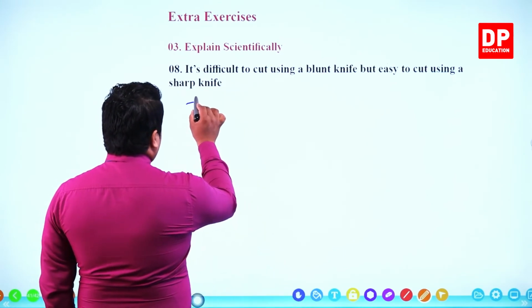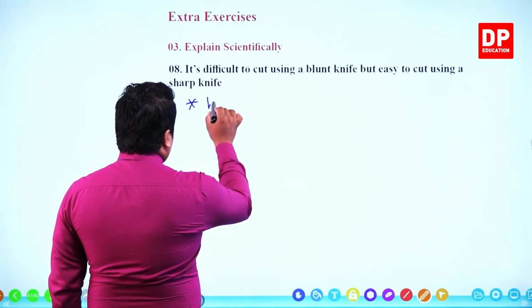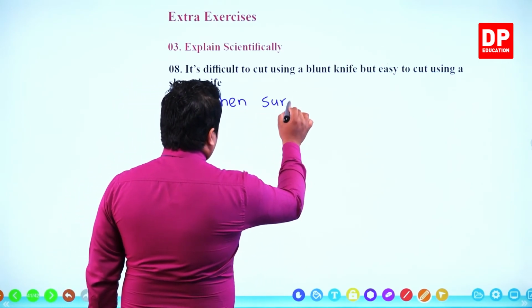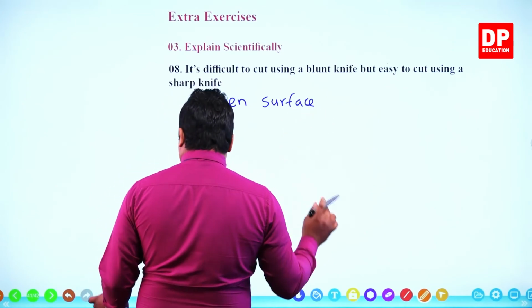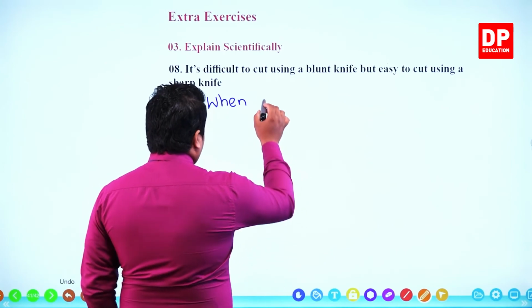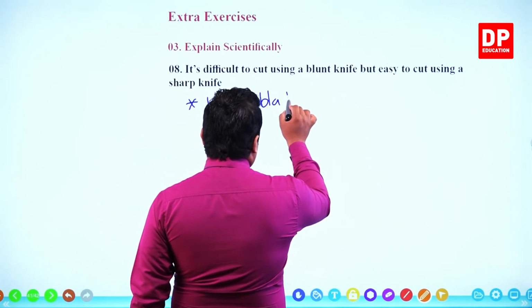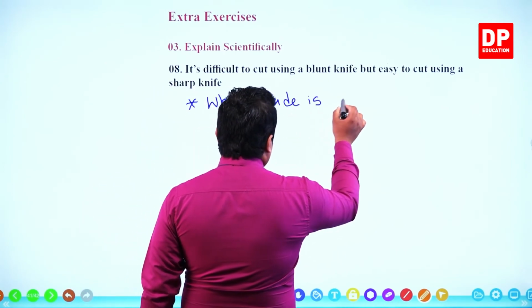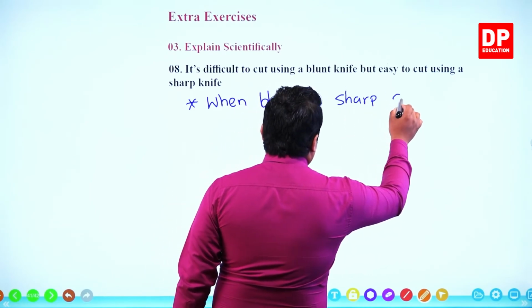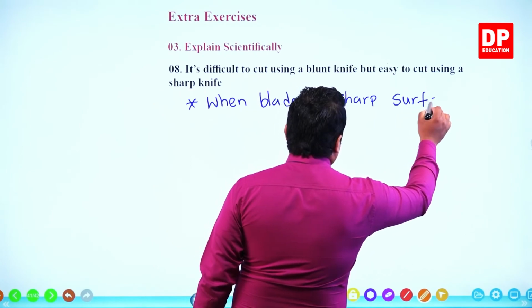So we can write, when blade is sharp, surface area is less.